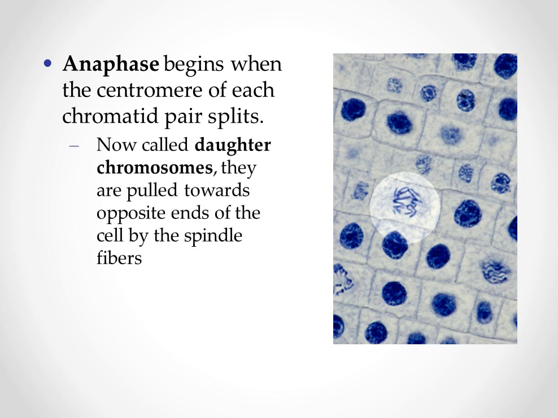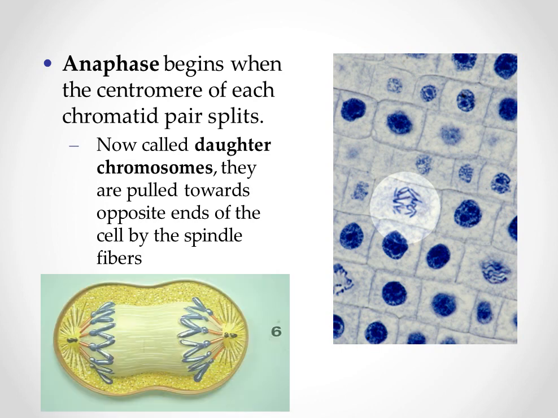Now, anaphase is not very nice, okay? Anna's not a very nice lady, okay? She likes to rip people apart, okay? So you can remember it as the chromatids are going to be separated. They're going to be split, okay? Those chromosomes are no longer going to be chromosomes. They're going to be split apart, okay?